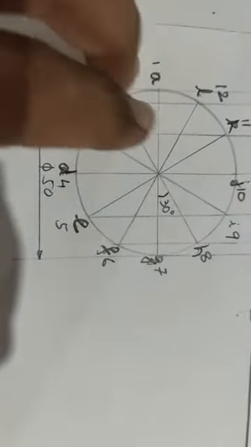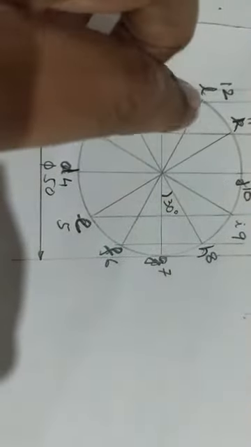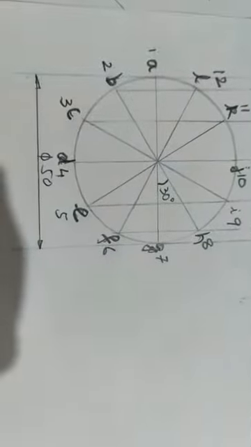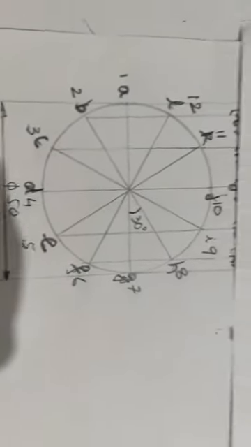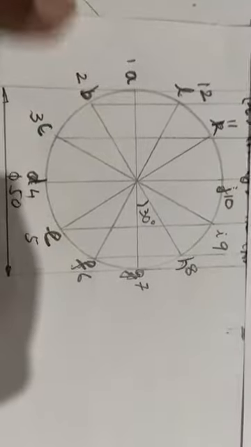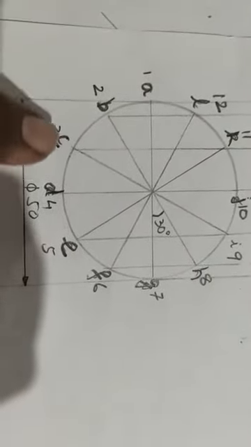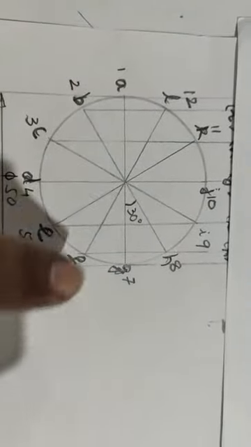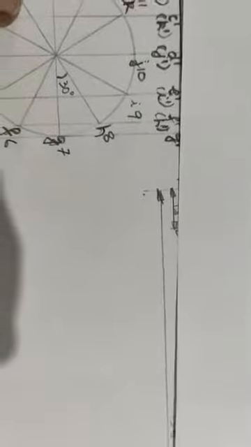You will get only two sides if you divide here, and you can extend it to get all 12 divisions. Name the divisions A, B, C, D, E, F, G, H, I, J, K, L. What are these 1, 2, 3, 4? We'll see later. So project.